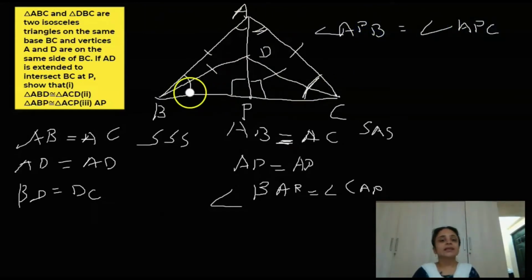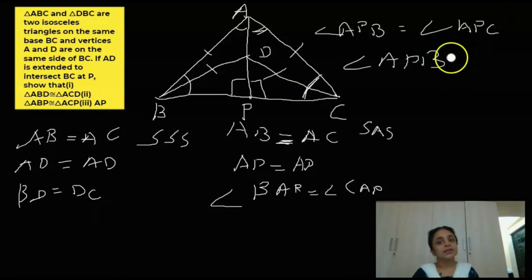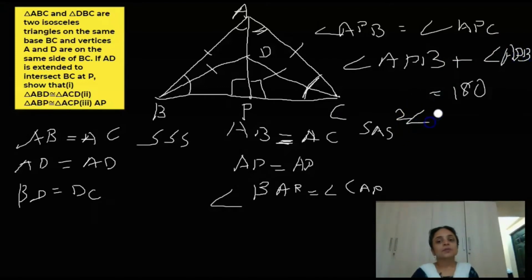But BC is a line, so this full angle should be equal to 180 degrees. Since angle APB is equal to angle APC, we can say angle APB plus angle APB is equal to 180, right? So 2 times angle APB is equal to 180, which means angle APB is equal to 180 by 2, which is equal to 90 degrees.